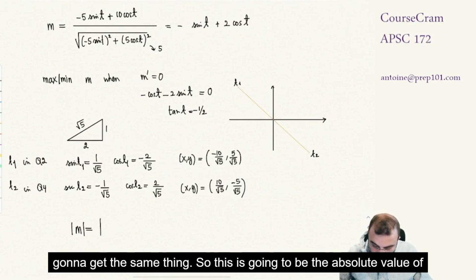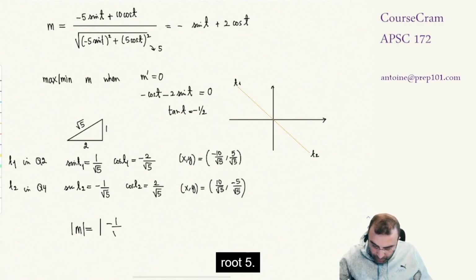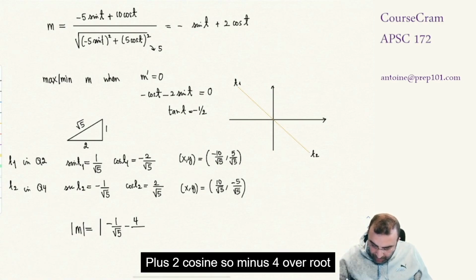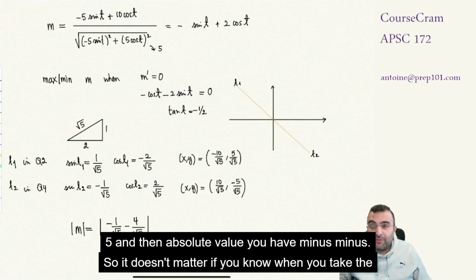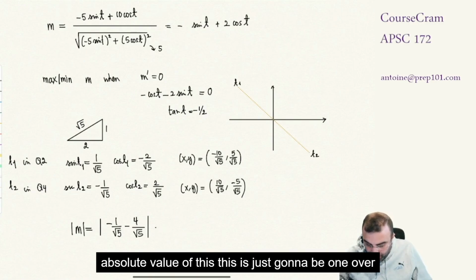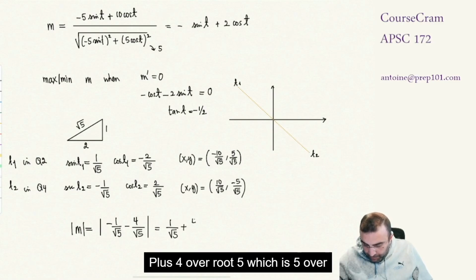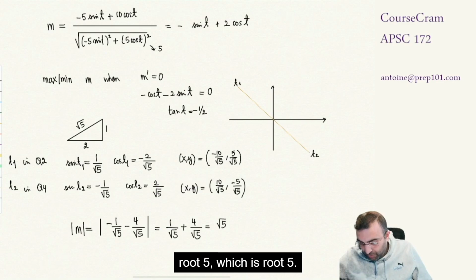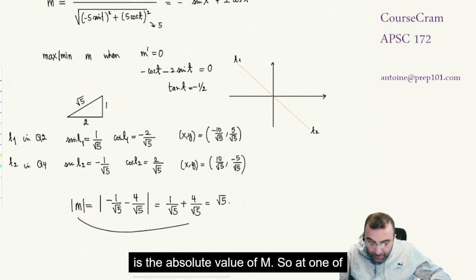So this is going to be the absolute value of minus sine, so minus 1 over √5, plus 2 cosine, so minus 4 over √5. And in absolute value, you have minus minus, so this is just going to be 1 over √5 plus 4 over √5, which is 5 over √5, which is √5.